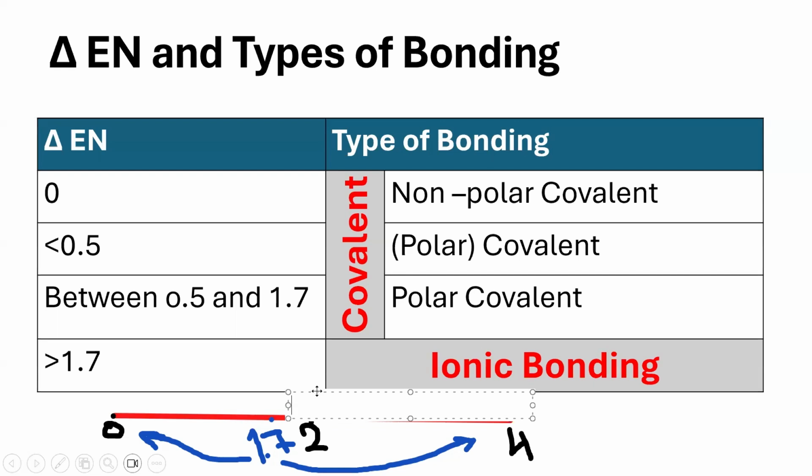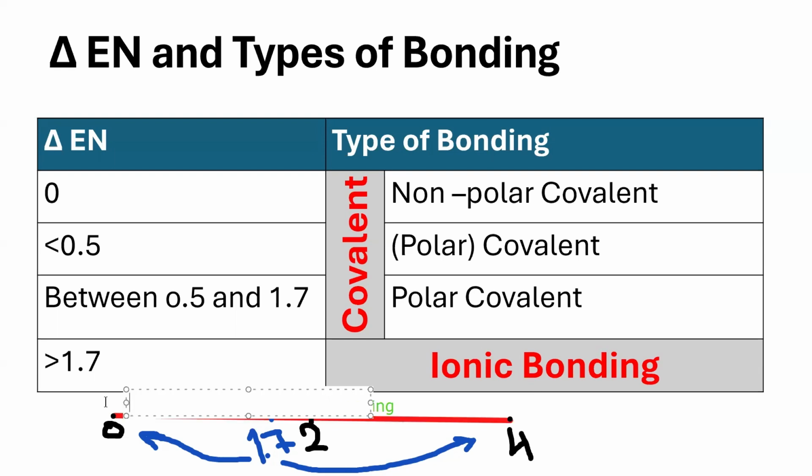So from here, it's ionic bonding. And here from 0 to 1.7, it's covalent bonding.